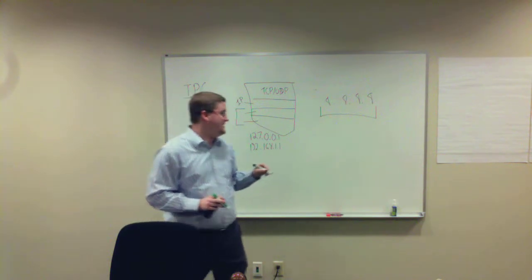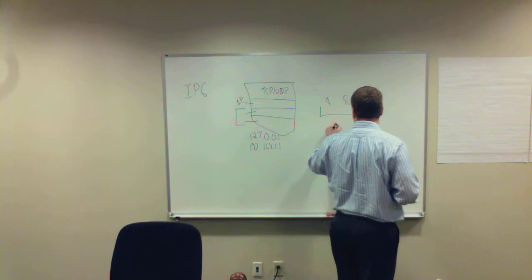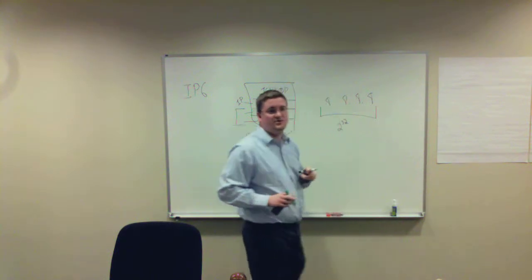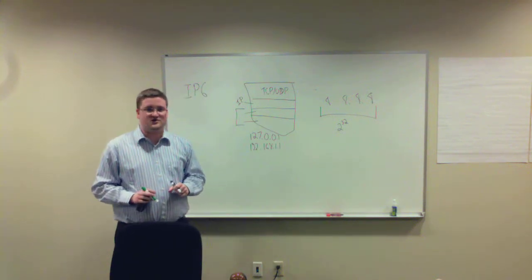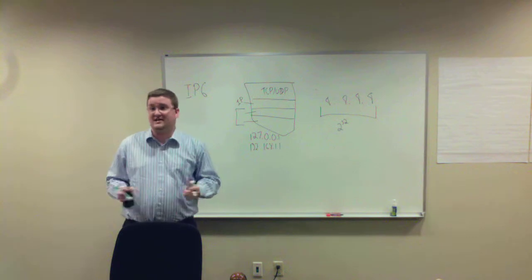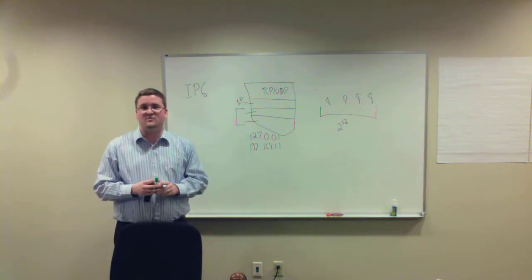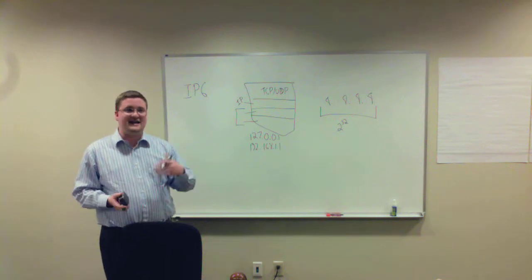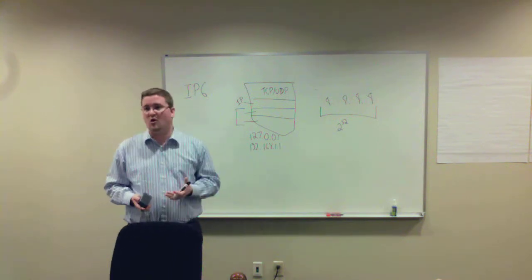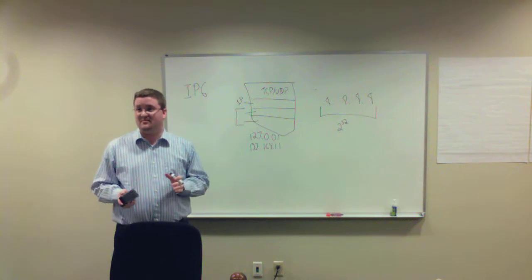That ends up being, on the math side, 2 to the 32 addresses, or about 4.3 billion addresses, which at this point in time we're running out of. There are so many devices on the internet, and in the past allocation of addresses has been so poor, that it just can't keep up.